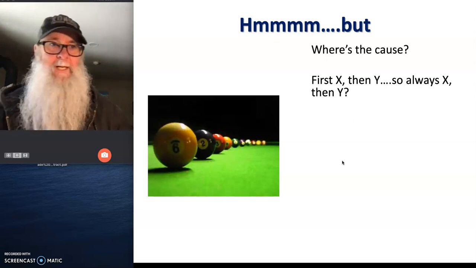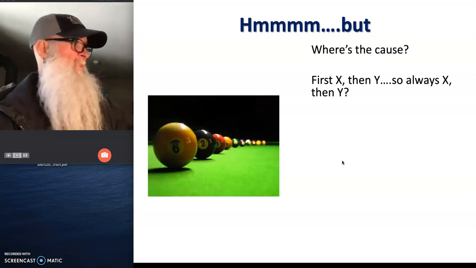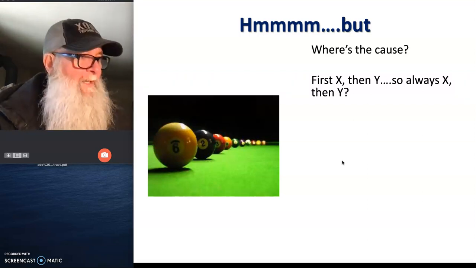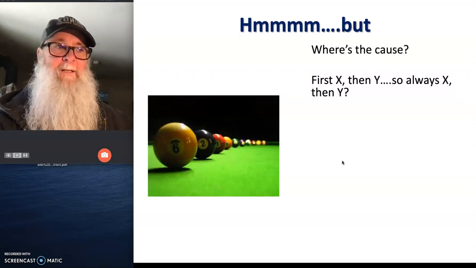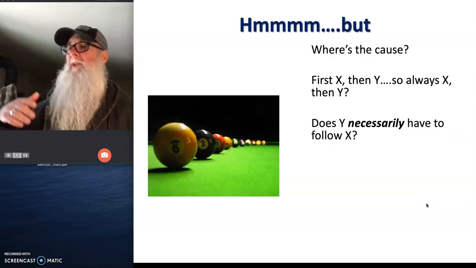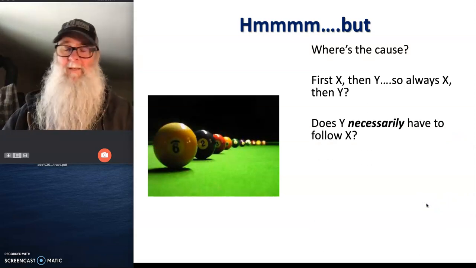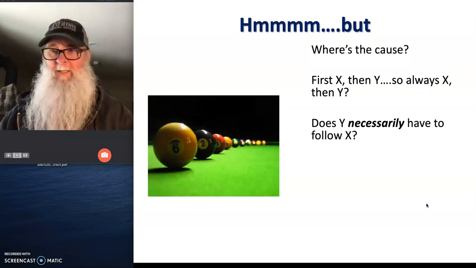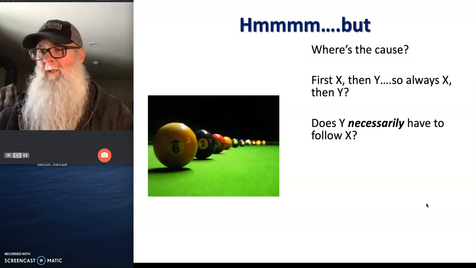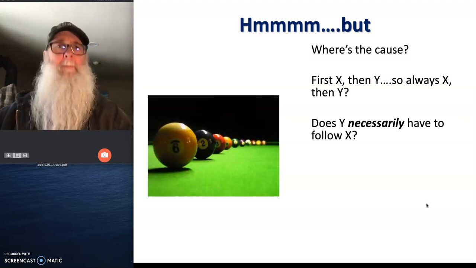And then Hume's going to look at us and he's going to say, so this causation thing is so real that when X happens, always it will be followed by Y? That seems pretty serious. Where exactly is this causation that is such a reliable, dependable feature of reality that we can expect it to always work in a particular way?